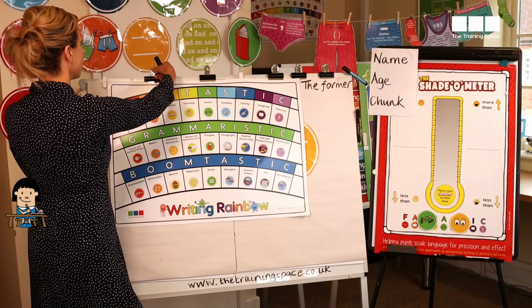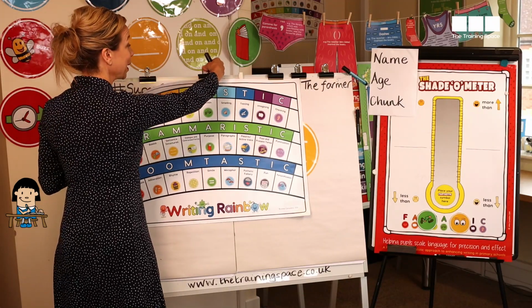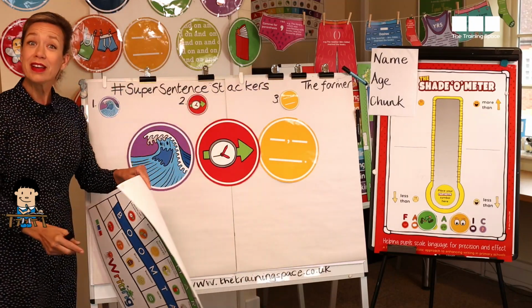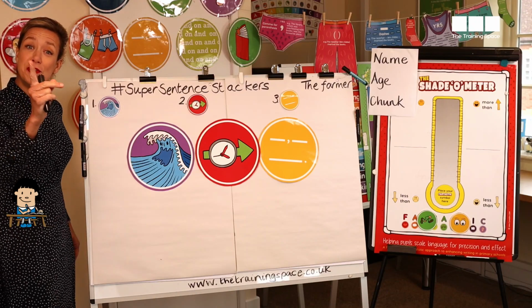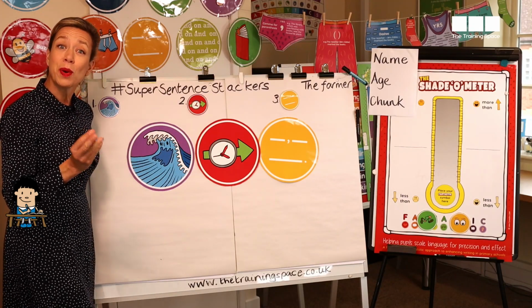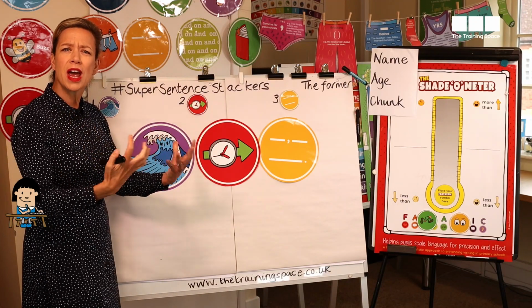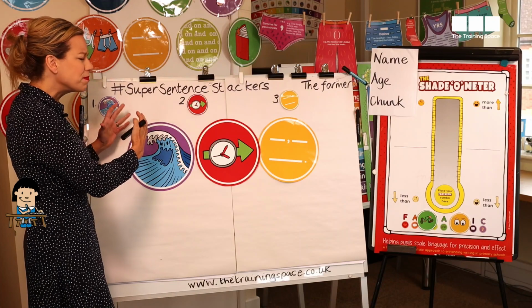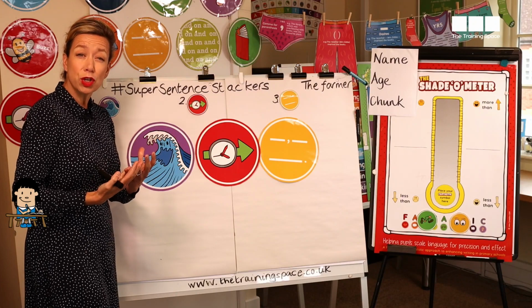So, what are the writing challenges for today? I always get excited about this bit. I'm sure you do too. Here are our 3 writing challenges. The first one is all about personification. We had a go at doing this yesterday, and this is where we inject human attributes to something that isn't human.